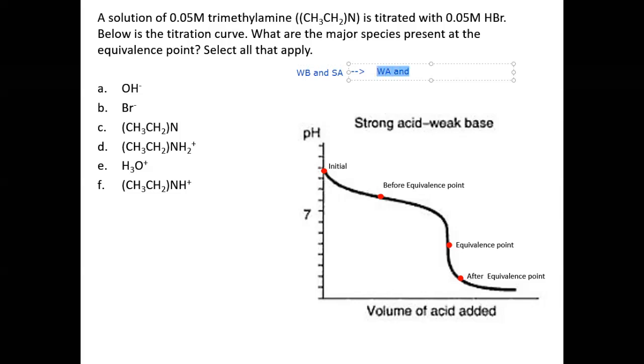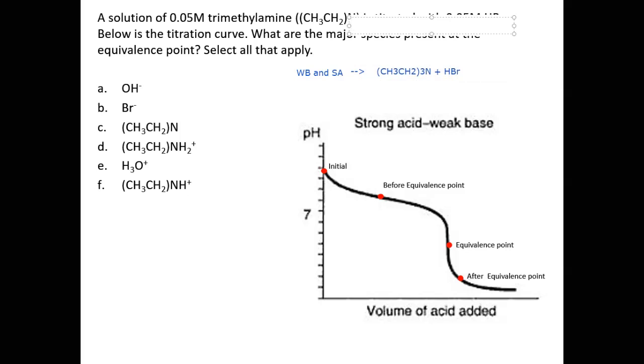So we have (CH3)3N plus HBr. It's trimethylamine.